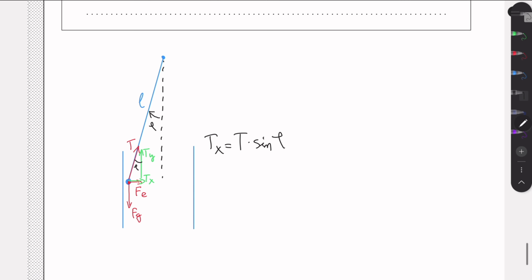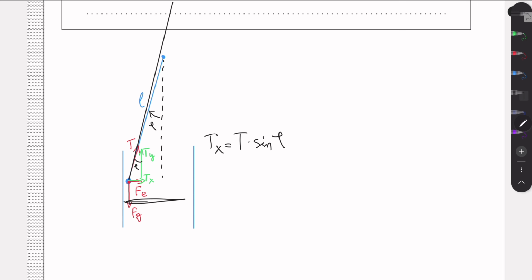What we want is this angle to be very small. And the way we can do that is by making this very high up and keeping the plates still the same distance away. And this angle will become very, very small. So if we consider the sine graph, if phi is very small, it will be very close to 0.